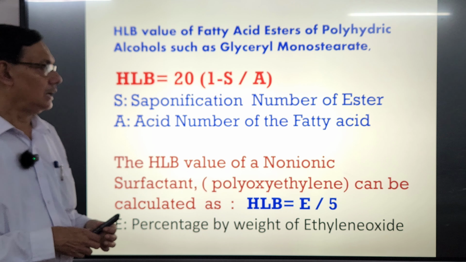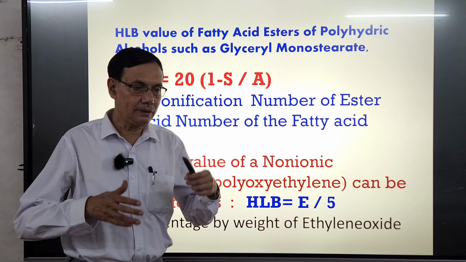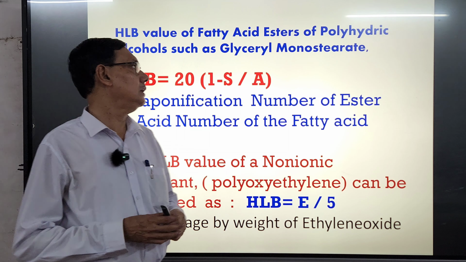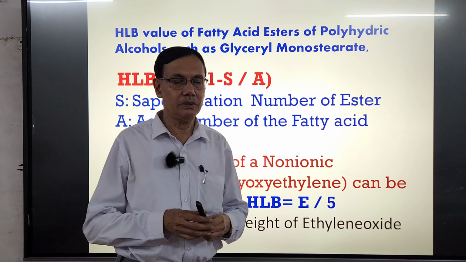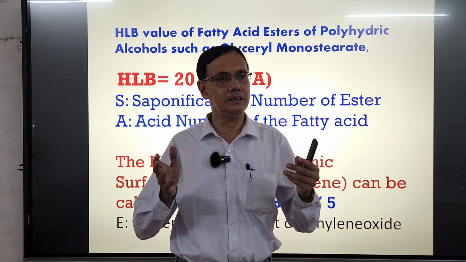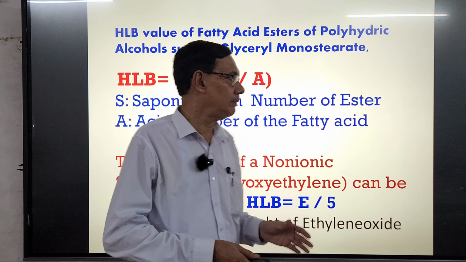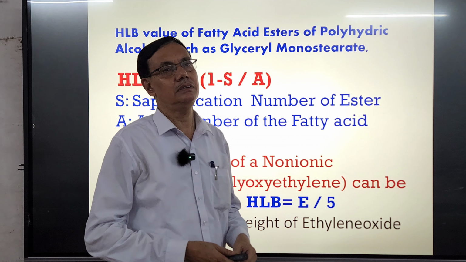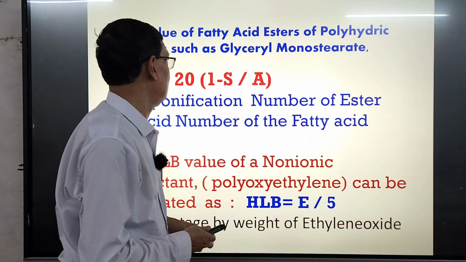Now the last part of this discussion is how one can calculate the HLB values or HLB scale. I must confess that I have referred to a large number of research papers and books, and on the basis of these I have summarized the methods by which you can determine the HLB values.